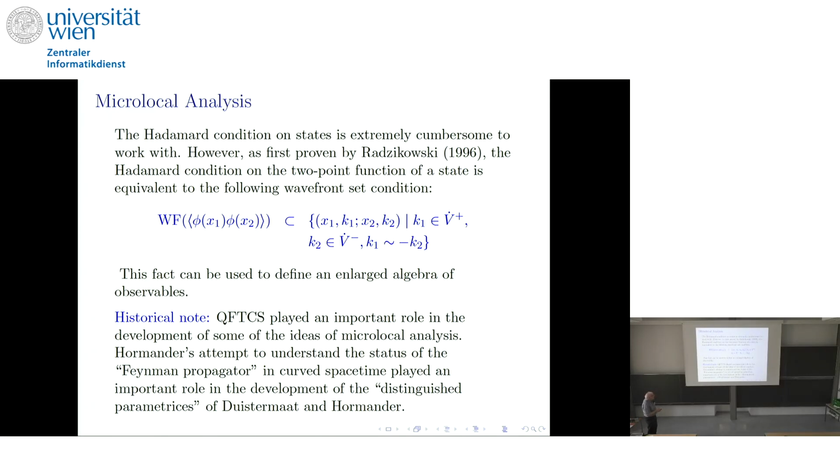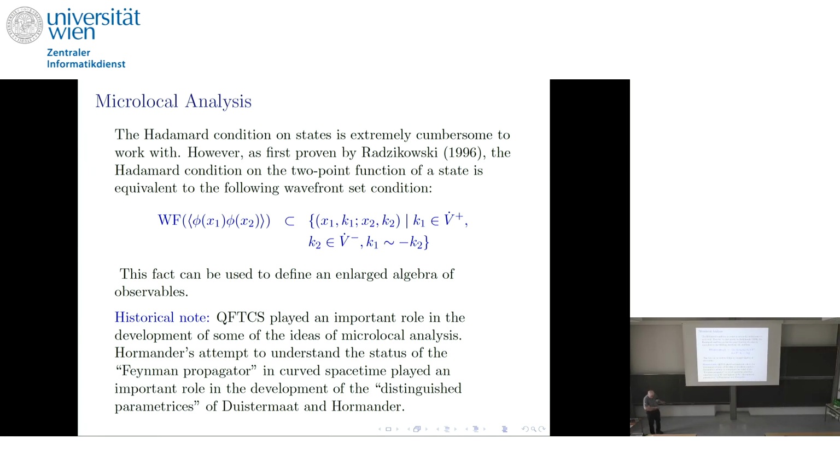The k is tangent to that geodesic and future pointing, and k2 is minus k1 parallel transported along the geodesic to x2. And that's what this kind of symbol means. And as I'll explain, this will allow one to enlarge the algebra of observables to nonlinear observables and time-ordered products.